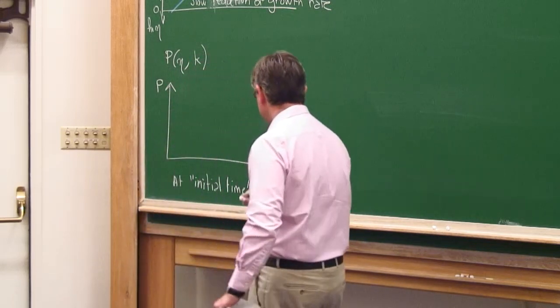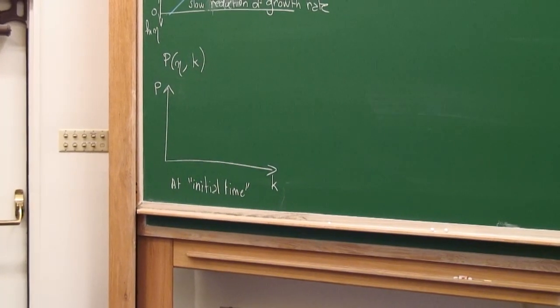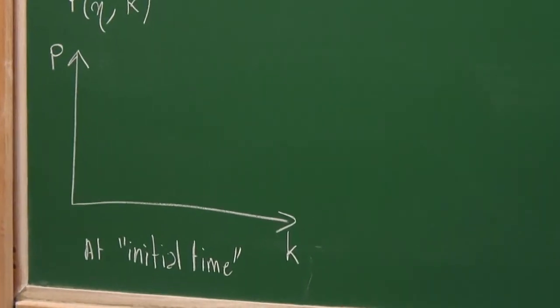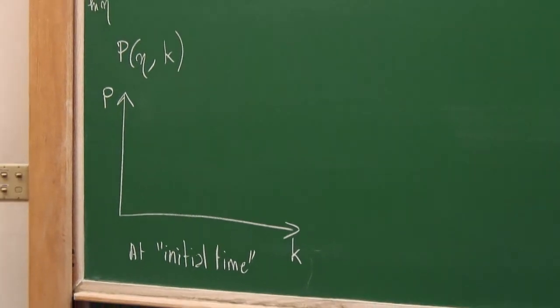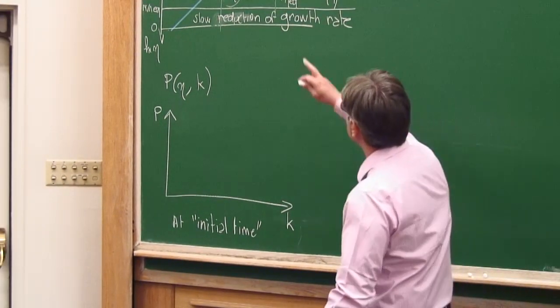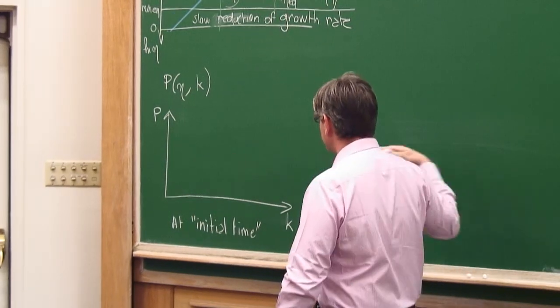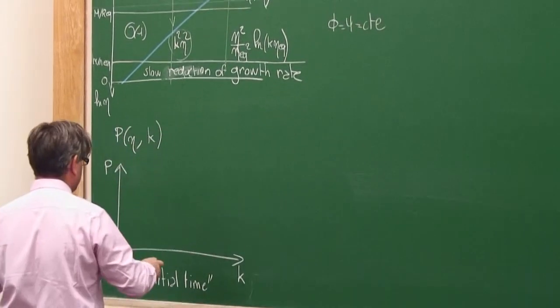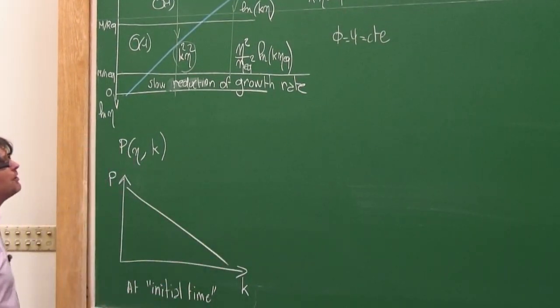So first, what does it mean initial time? We don't need to specify. We just mean some time when all perturbations are outside the Hubble radius. We don't need to say more than this, since everything is constant outside the Hubble radius. Of course, we cannot observe P of k at initial time. This is just a starting point, and then we will move with time. So at initial time, you get a power law.